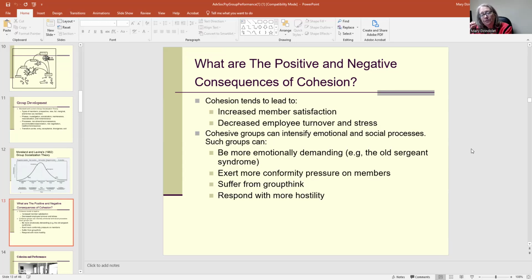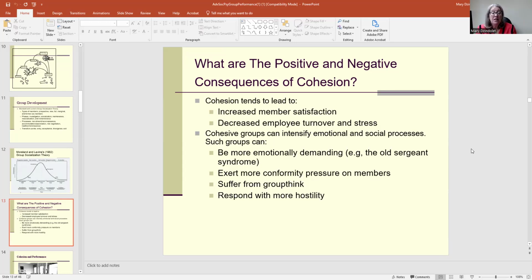So you can end up also with more hostility sometimes because everyone's so much more emotionally invested. In a group where you're like, yeah, I belong in the group, that person ended up cheating on someone else and they got fired. Like you're not that emotionally invested, but in a cohesive group, you're very emotionally invested.